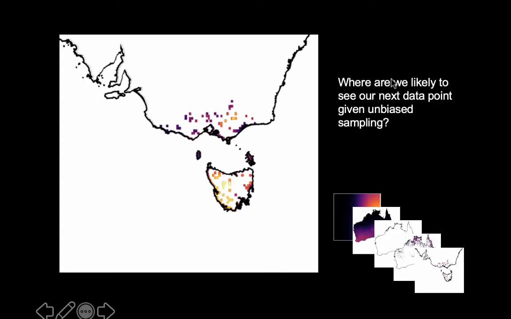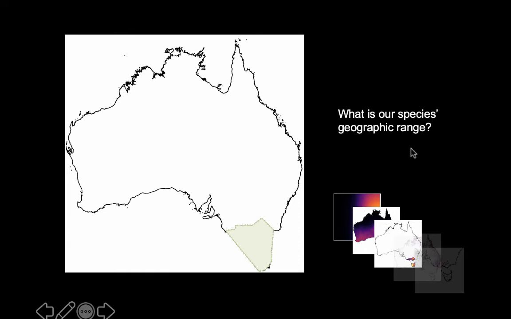Contrast that with the question, where are we likely to see our next data point if we did unbiased sampling? Well, in that case, you're trying to see through the spatial sampling bias and estimate the continuous suitability of habitat in the species range. You could ask what your species' geographic range is likely to be.